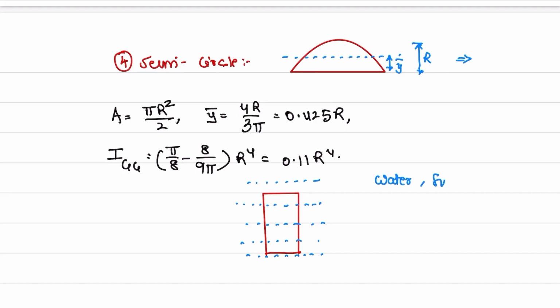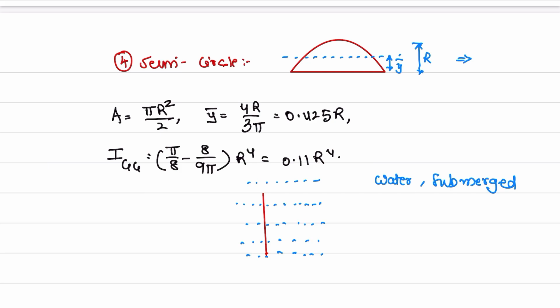What happens? I don't take it as a surface here, it is a line. It looks like a line. When you see a vertical surface from top, it looks like a line.